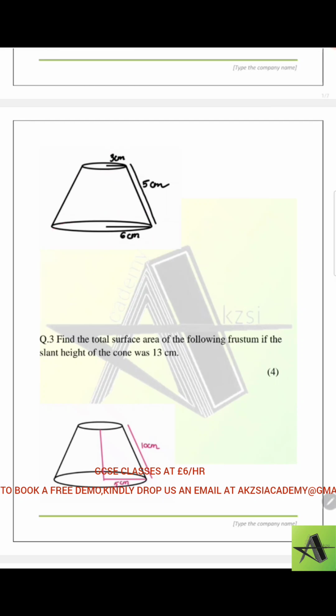So the upper part is pi r squared. So pi times 3 squared plus pi times 6 squared. And same for the curved part, I'll calculate the total area of this cone, the curved part of the cone, which is pi r l.